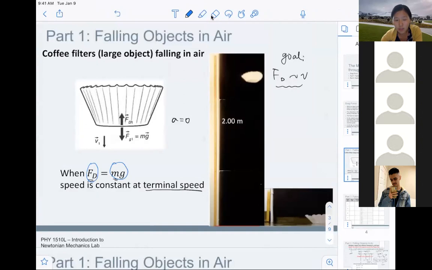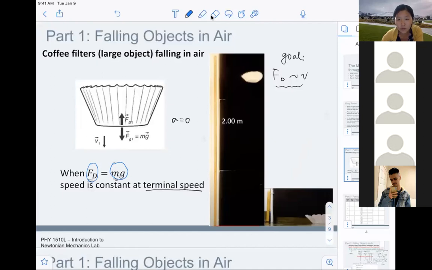We can easily measure the weight of the coffee filters. We can just put them on the scale. So we're thinking, if we let the coffee filter fall for a long distance, eventually it's going to reach terminal speed. And that is what we do in the lab.